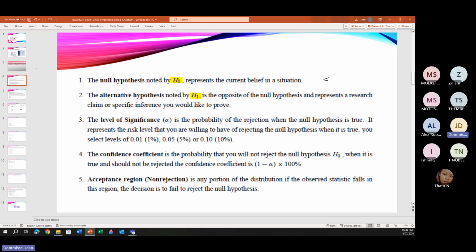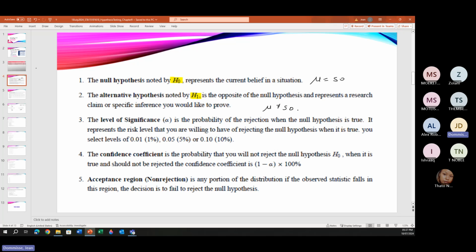The alternative hypothesis will say that it is not 50, so not equal to 50.